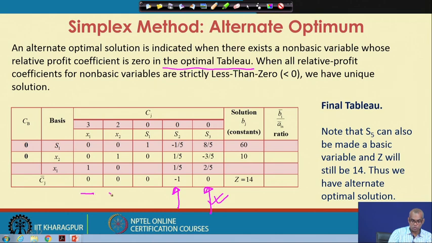X1, X2 and S1 are basic variables. Now, for the non-basic variable S3, the relative profit coefficient value Cj bar is 0.